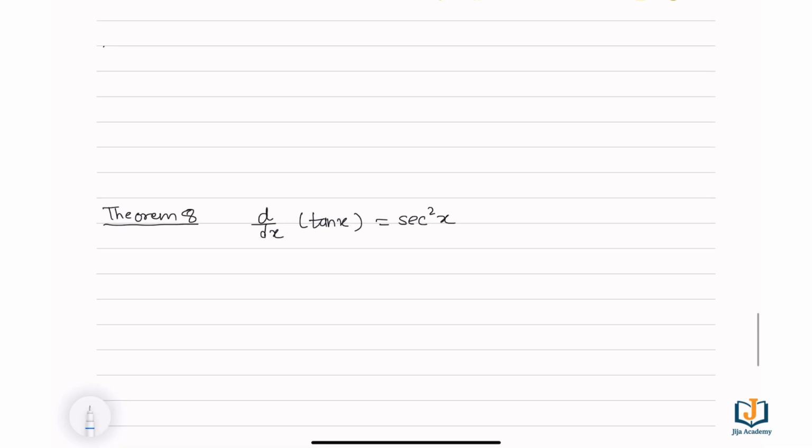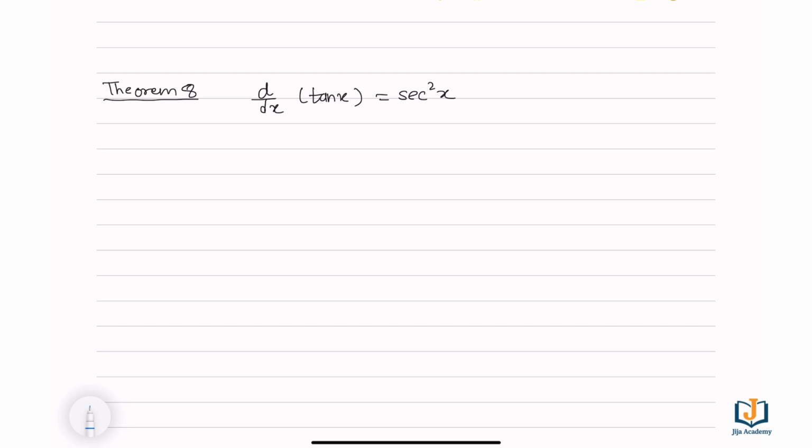Now similarly for theorem 8, differentiation of tan x is equal to sec square x.